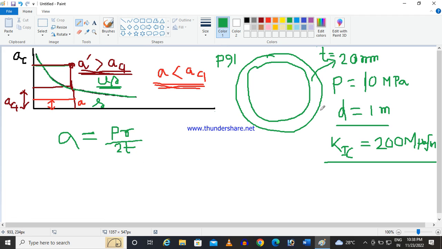So from there we can find out the applied stress. So we know the applied stress, and we know the critical fracture toughness. So my critical crack size can be calculated using this formula.